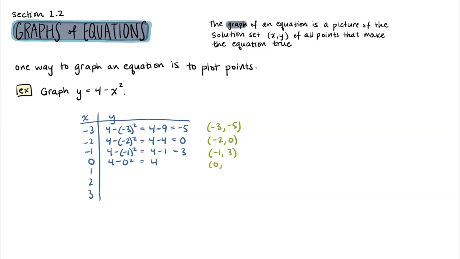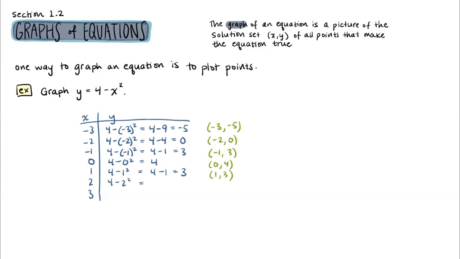X is 0 and y is 4, so 0 comma 4. Plugging in 1. Now we're squaring the 1 first and then subtracting it, so this will still be 4 minus 1. So that'll be 3. So that's x equals 1, y equals 3. Okay, then we've got 4 minus 2 squared.